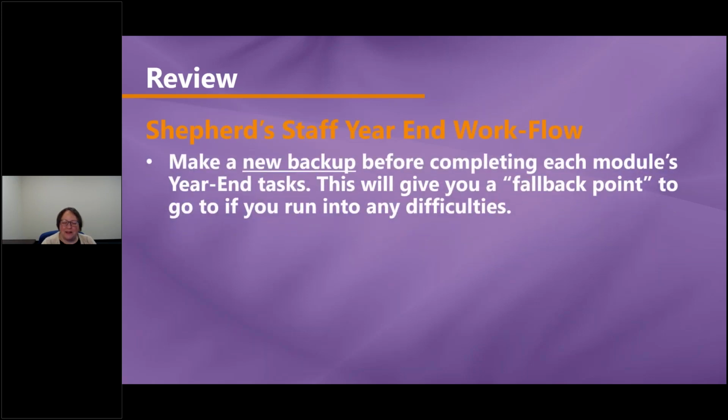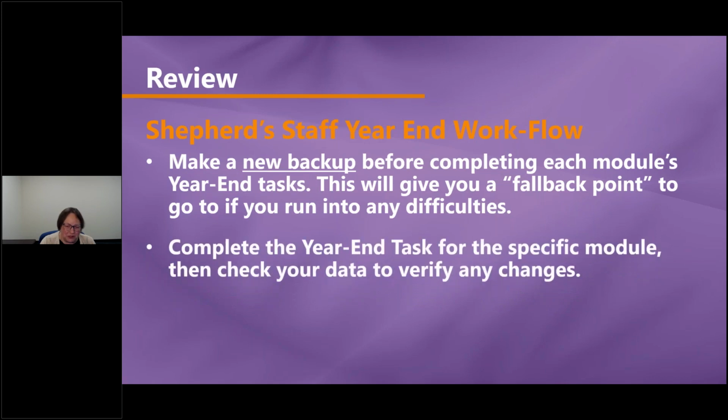You're going to make a new backup before every module, before you do the tasks for the end of the year for every module. That way, if anything goes wrong, or if you have any confusion, or you want to go see if something was wrong and you're not even sure, you still have that fallback point you could restore to, and then you can redo whatever you have to make it right.